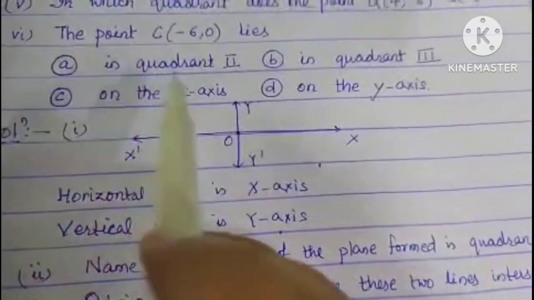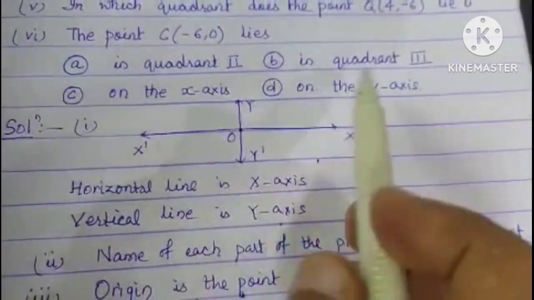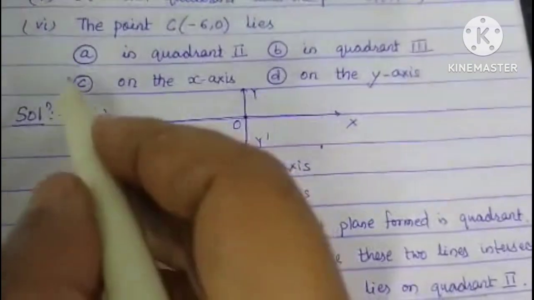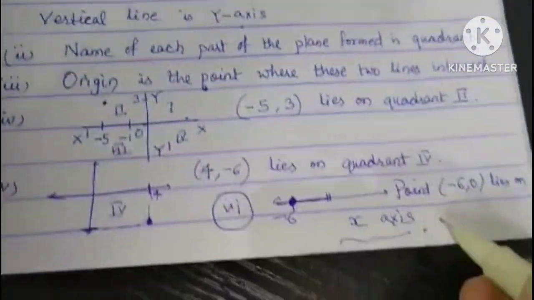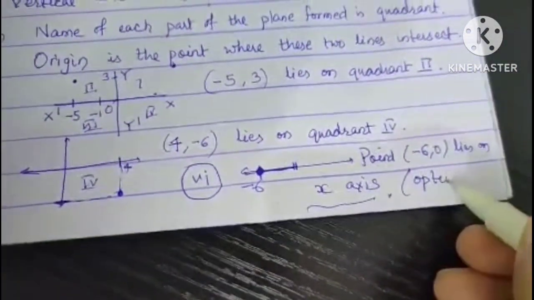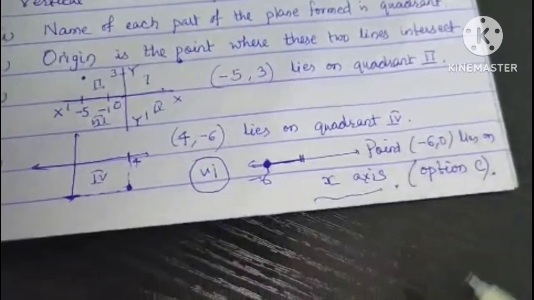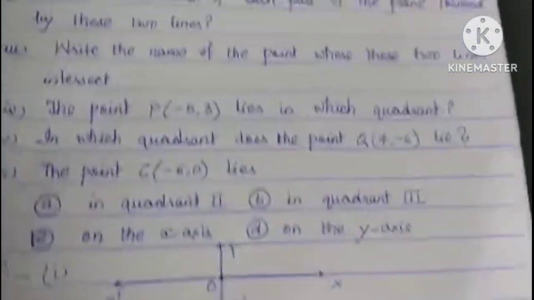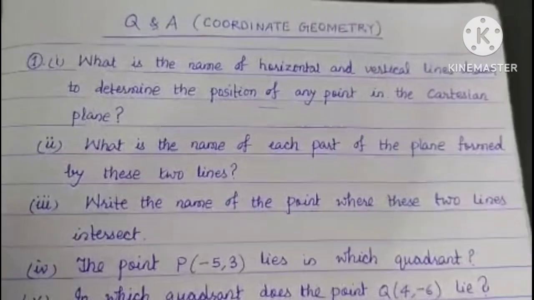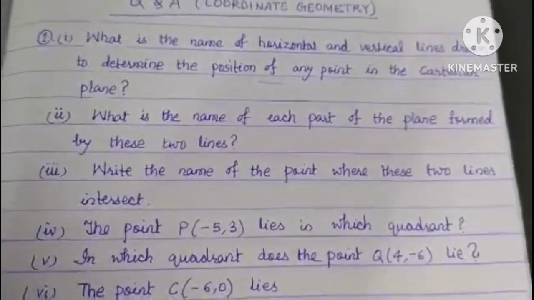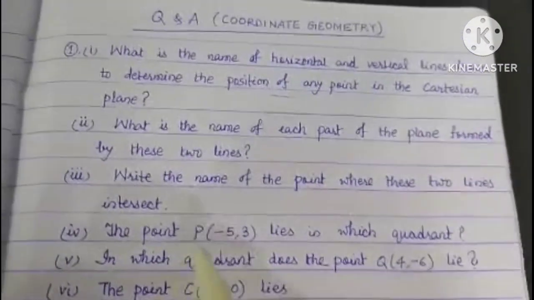Where is the x-axis? Not in quadrant 2, not in quadrant 3, but on the x-axis. So this option is correct. Option C is correct.